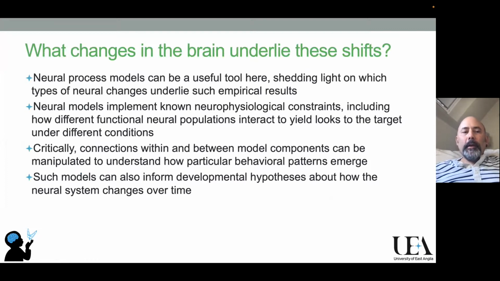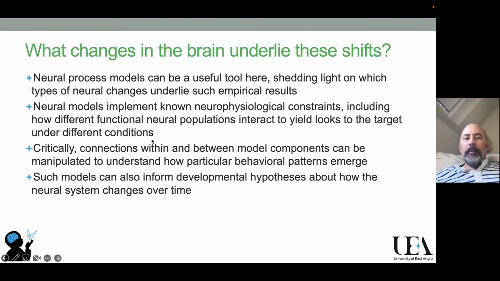Now, our question in this study in 2015 was, what changes in the brain underlie these shifts of attention? And in that paper, we used neural process models, which we thought could be a very useful tool because they can shed light on which types of neural changes might underlie such empirical results.